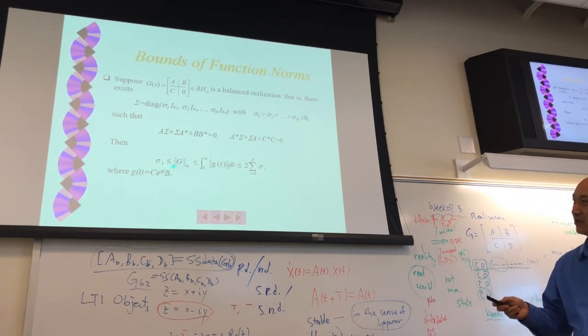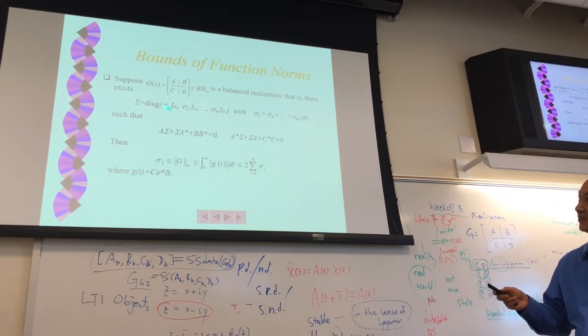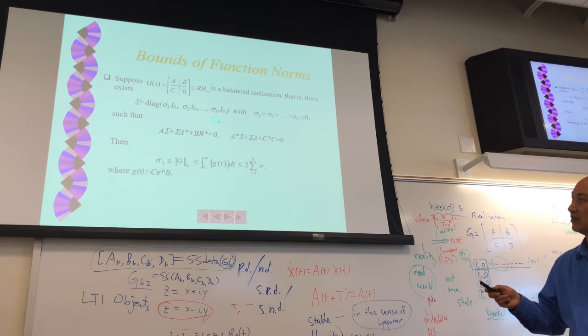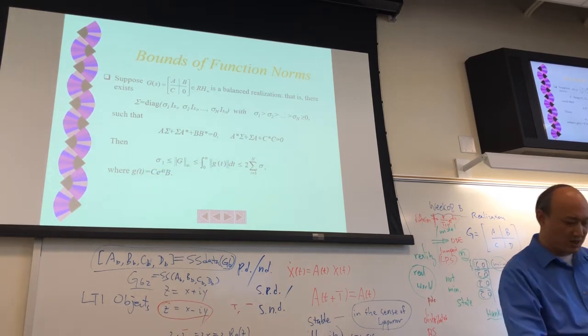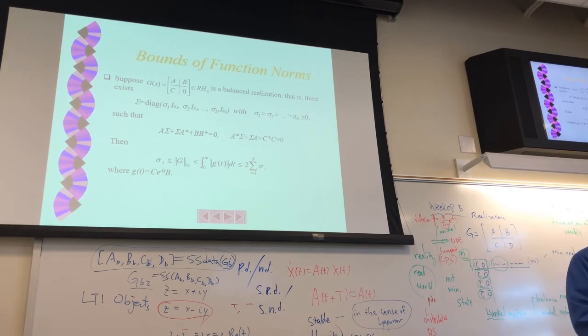It is definitely greater than the largest singular value, but it's also definitely smaller than 2 times all the singular values added together. And this is all in between. You can put in the impulse response norm into it like that, while this impulse response is C e^(At) B, the inverse transform of G. So let me give you some background material about the infinity norm.